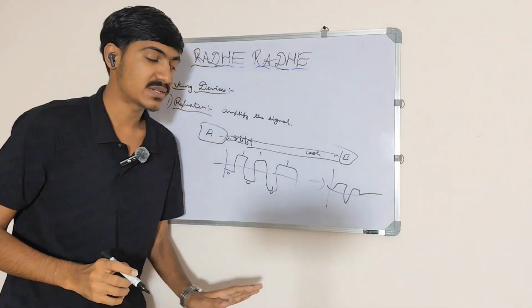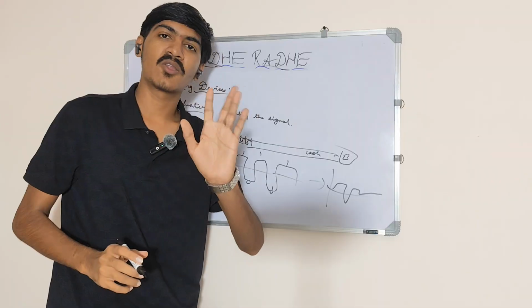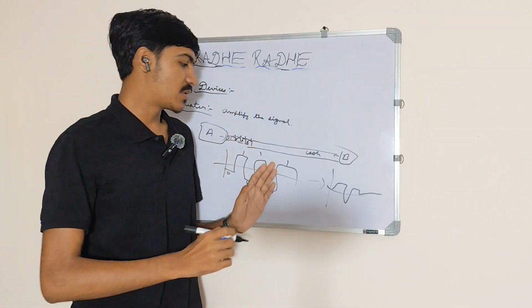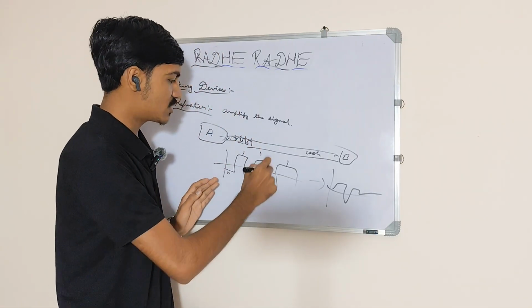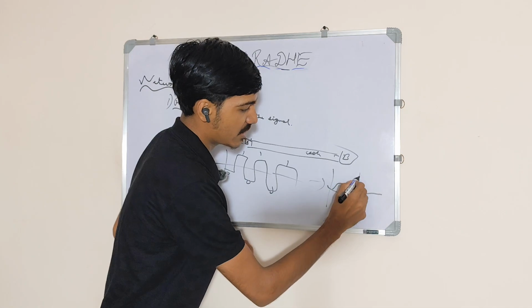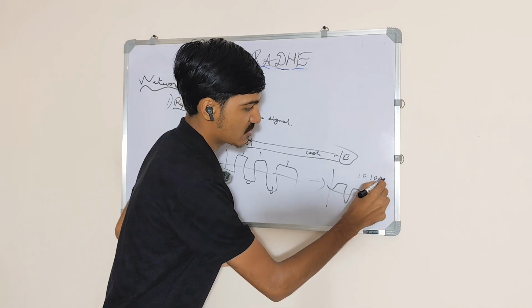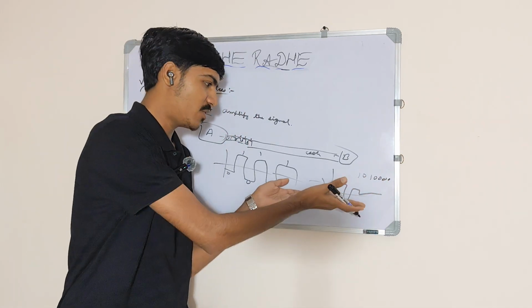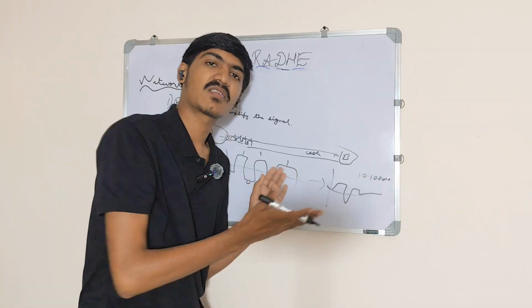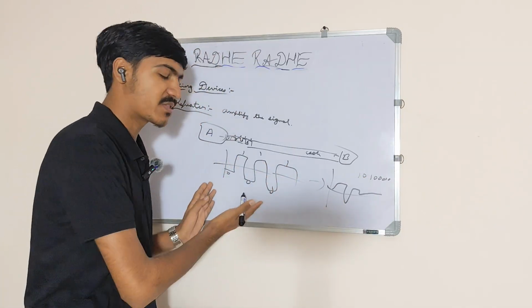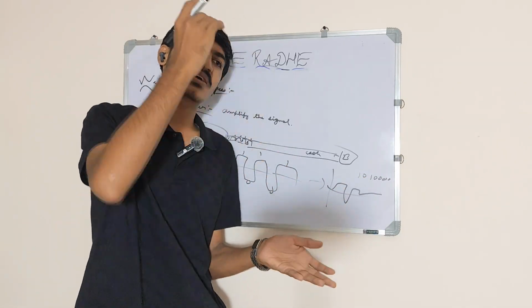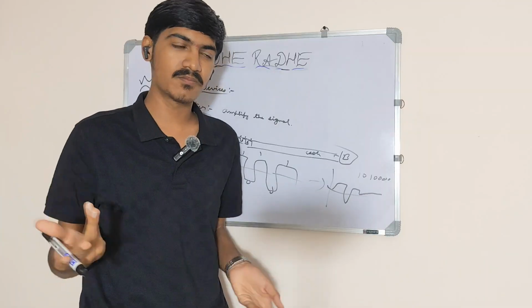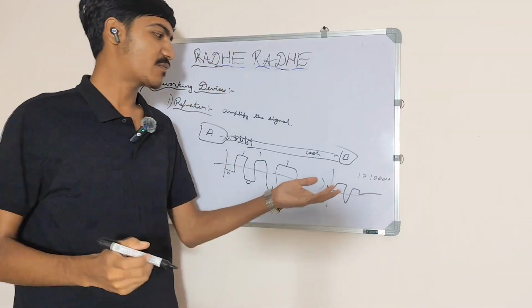Once it becomes flat, the receiver device will not be able to decode the data. Suppose you send 1 0 0 1 0 1 0 1, the receiver will decode something like 1 0 1 0 0 0, because the signal is flat. This is not right. If you send hello and I receive helium or something else, it is of no use.